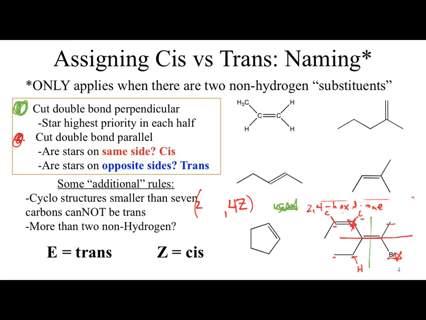E. Okay? So we go back to our name, and we would start off with 2E, 4Z. What did I say it was? Then 2-bromo, 3-ethyl, 2,4-hexadiene. Might even be hexadiene, but spelling, don't worry about that.